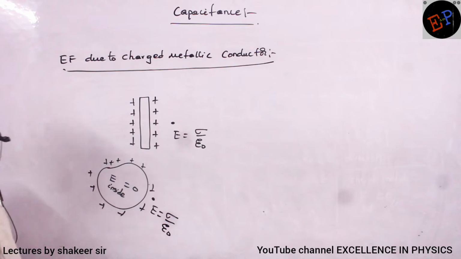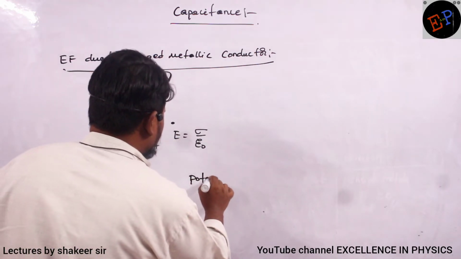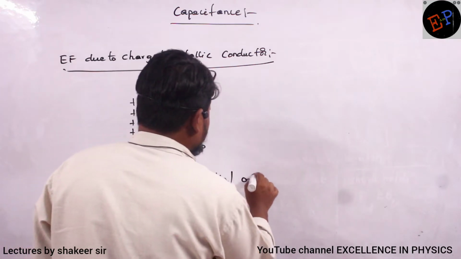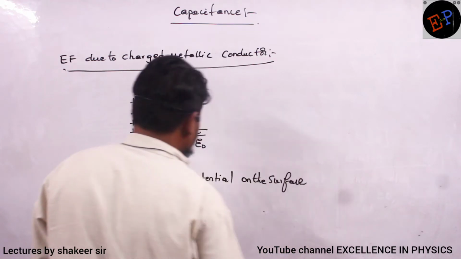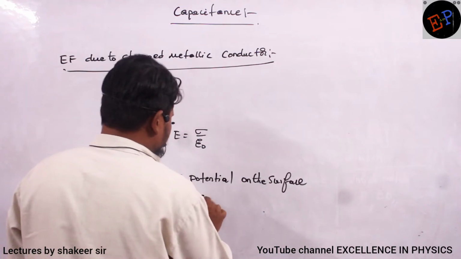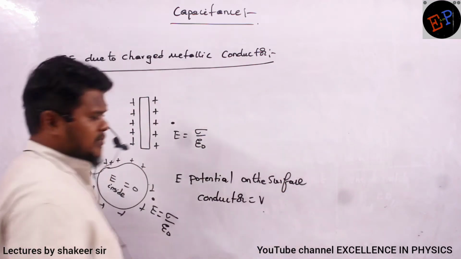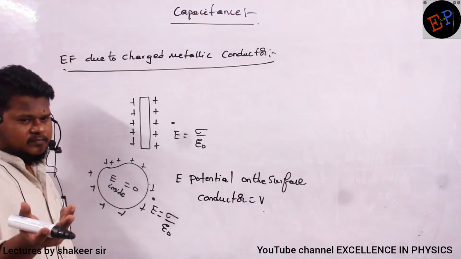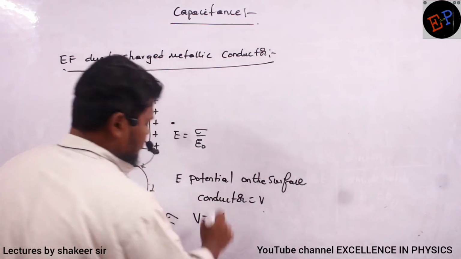Now similarly, if I say the electric potential on the surface of the conductor is V, what is meant by potential? Potential is nothing but work done per unit charge, no?